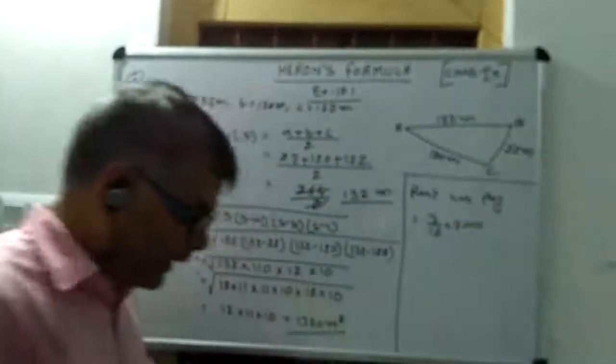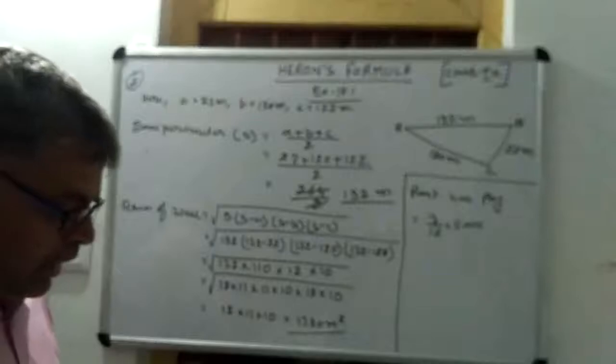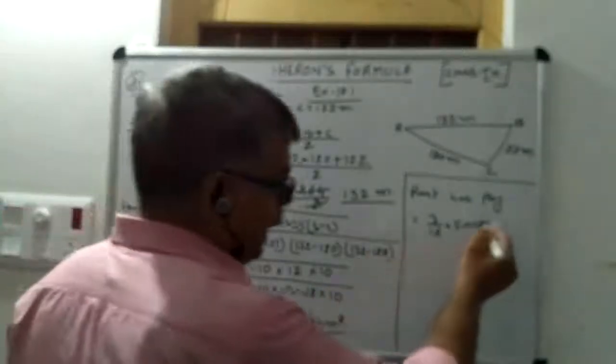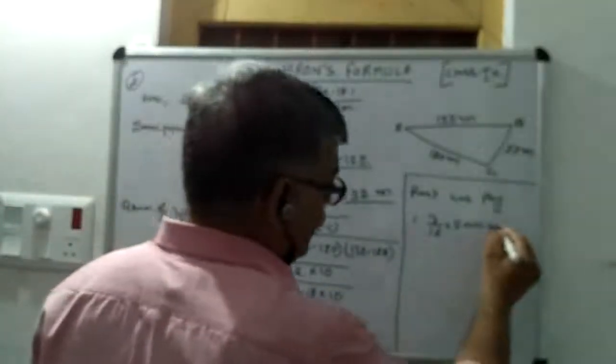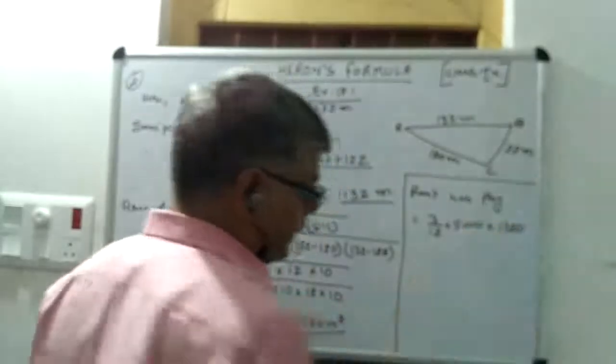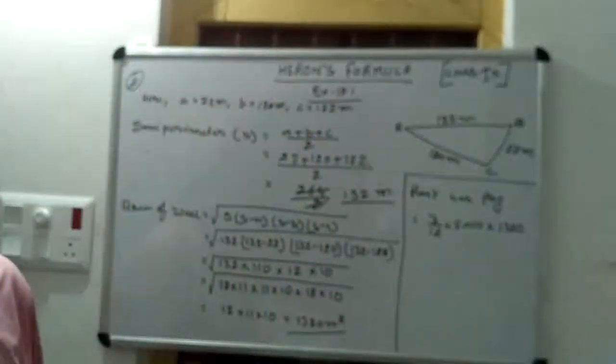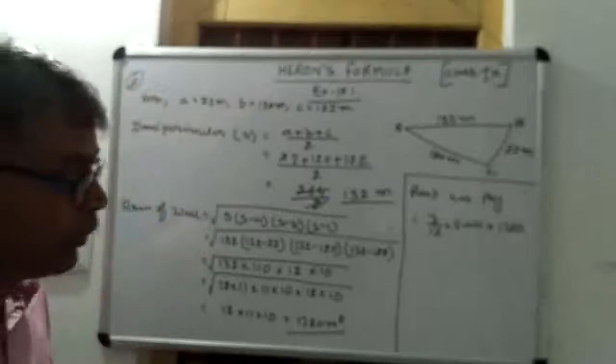This is for 1 meter square, and here the area is 1320 meter square. So I think this will be the cost.